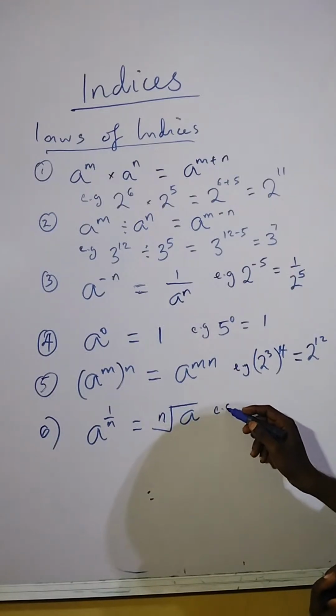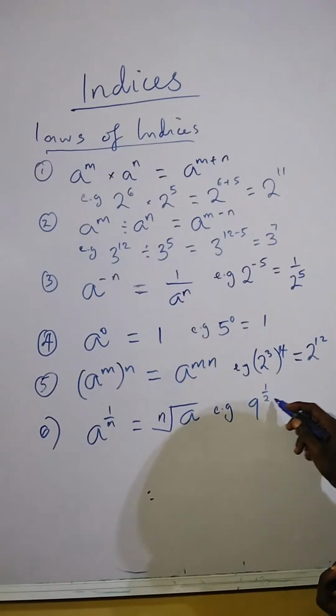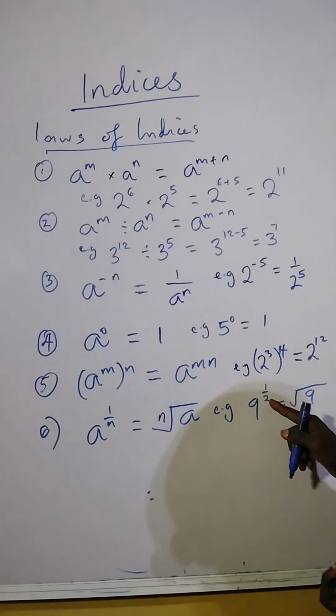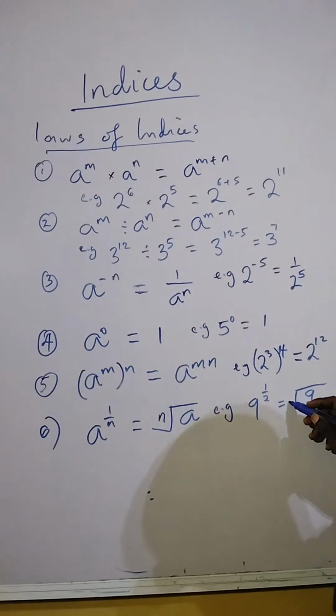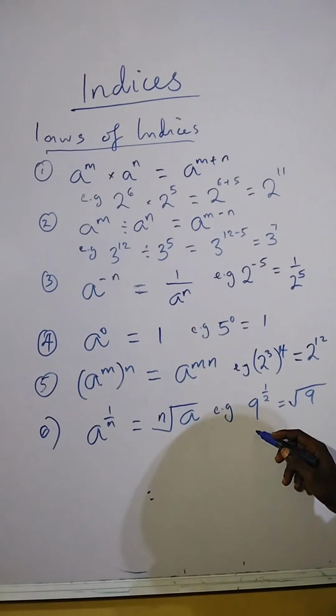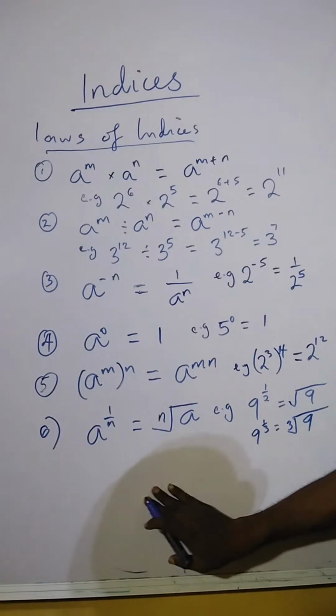E.g., if I have 9 raised to power 1 over 2, that's simply the square root of 9, because if you put 2 here, it's still the same thing as square root. But if I have 9 raised to power 1 over 3, that will be the cube root of 9. So that is that for this.